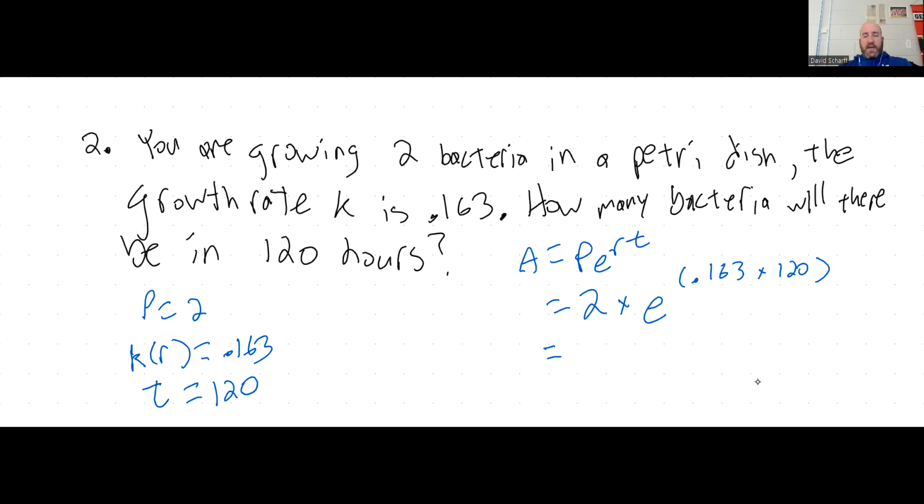So if we're trying to do a rough estimate, the exponent is 20, so I have E to the 20th power. We know E is about 2.718, so I have 2.718 times itself 20 times, and then I'm multiplying it one more time by 2. That's going to be an incredibly large number.